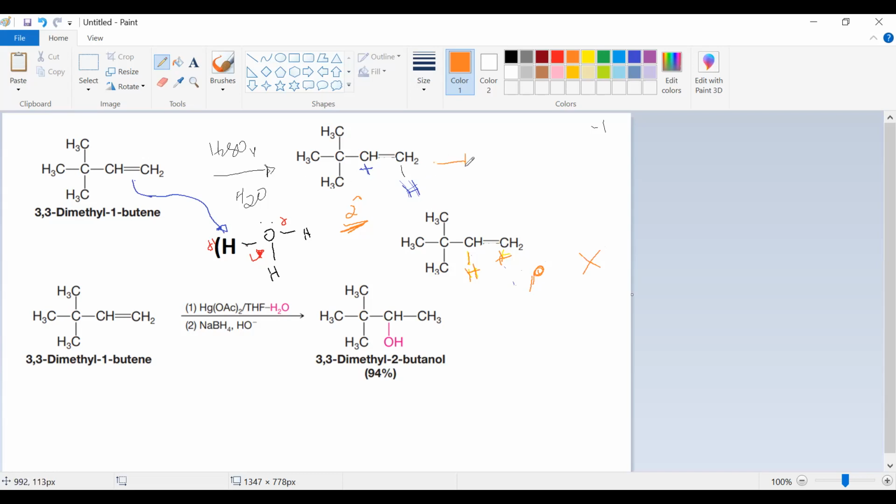And what happens after is that you have a 2 degree carbocation, but you notice that it is adjacent to a methyl group.